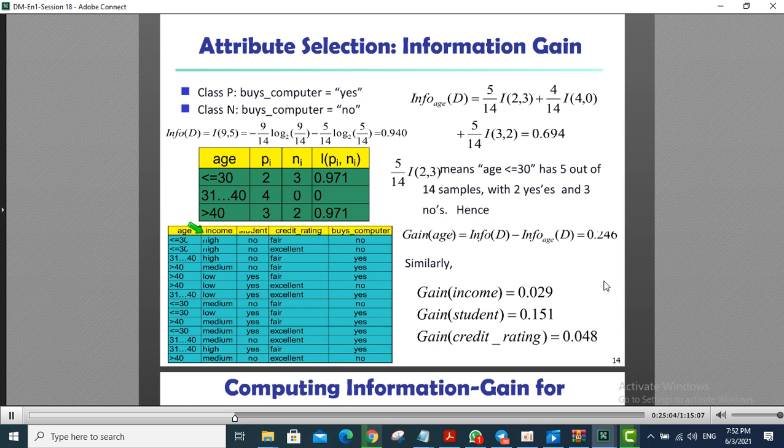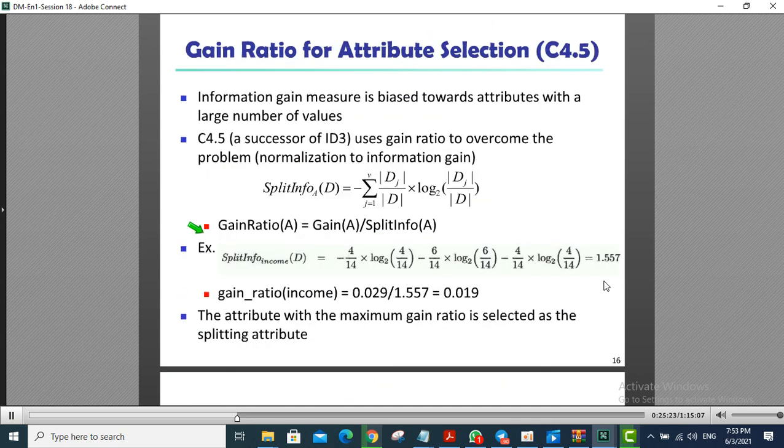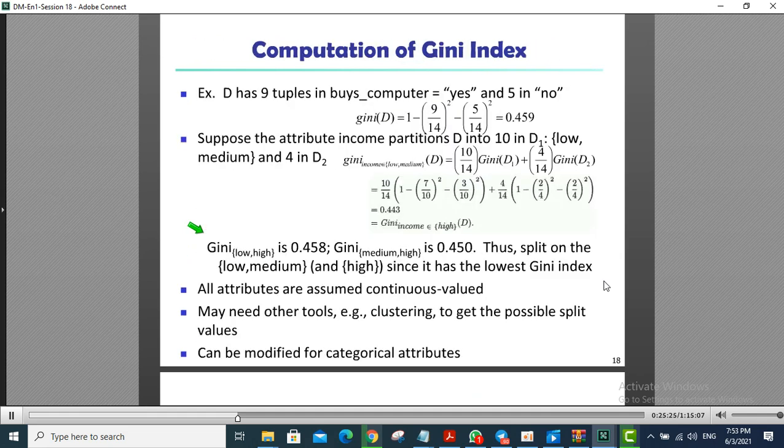I can divide the data set according to the distance between income low and medium, putting the splitting point between low and medium, or between medium and high, or maybe between low and high.